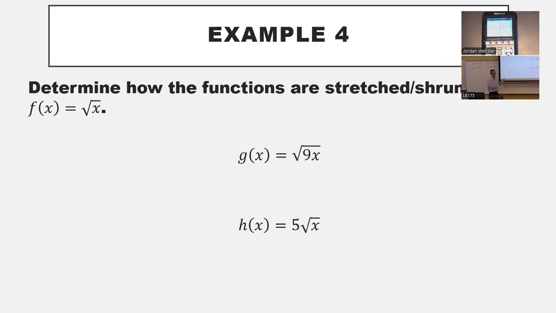You just say that's a horizontal shrink by a factor of 9, and move on, and you don't have to worry about it. But my point is that certain manipulations can get us the same thing. Stretching vertically and shrinking horizontally sometimes can be rewritten.